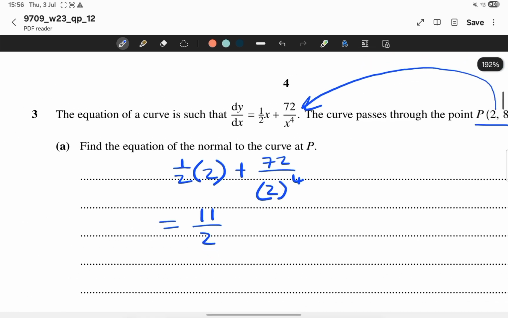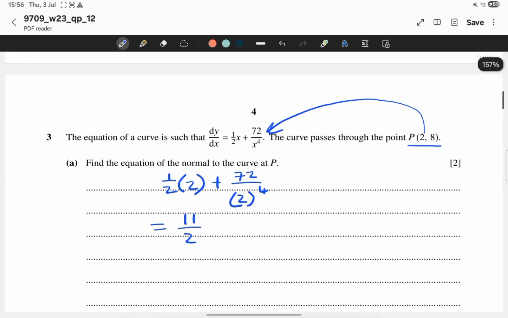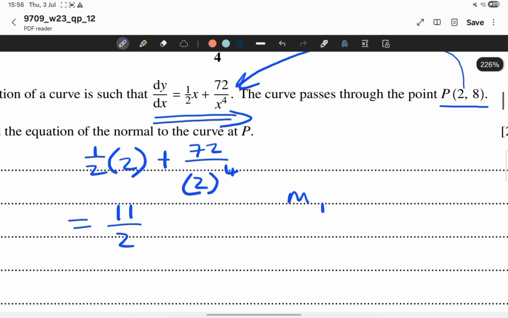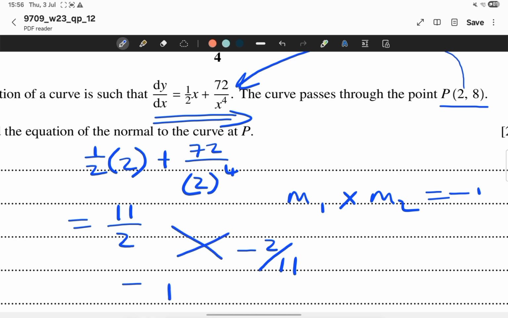So this is the gradient of the curve at point P. For the gradient of the normal, m1 times m2 gives us minus 1, because the normal is perpendicular to the curve at point P. So the gradient of the normal would be minus 2/11, so that if we multiply these two, we get minus 1.